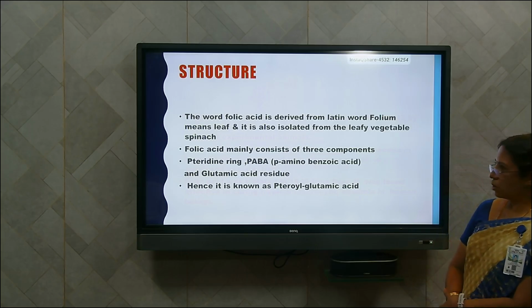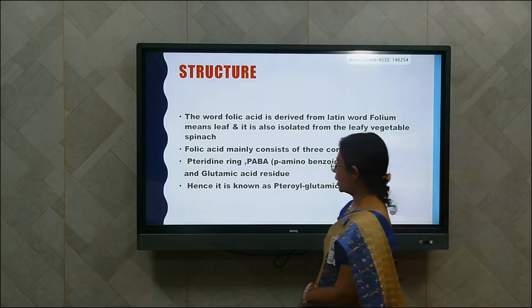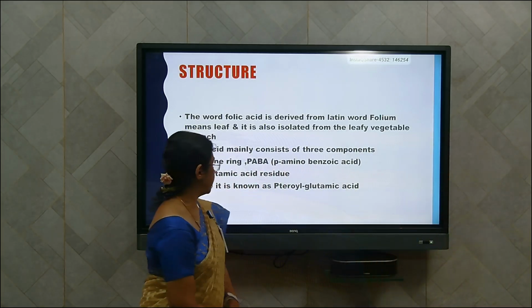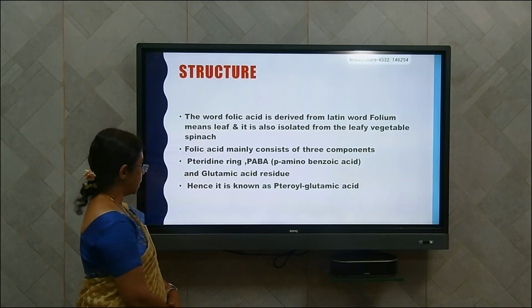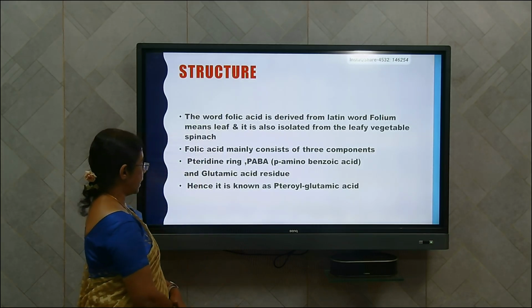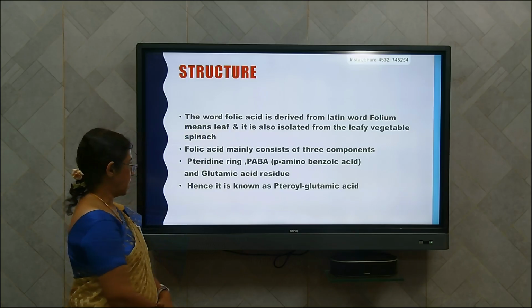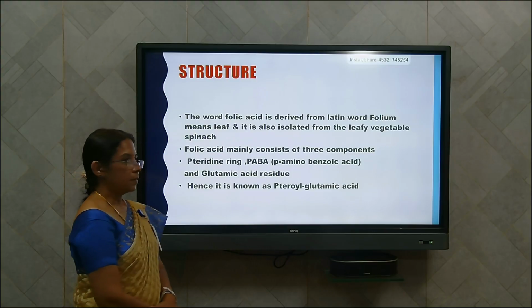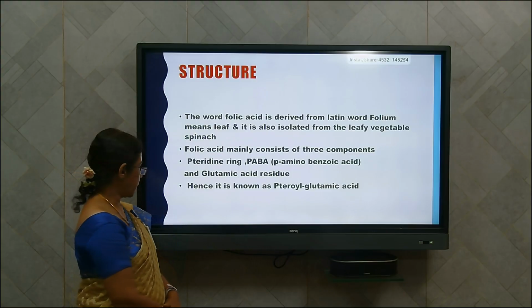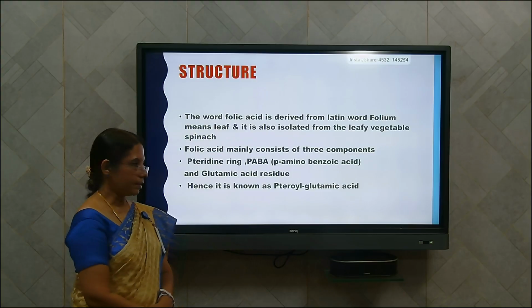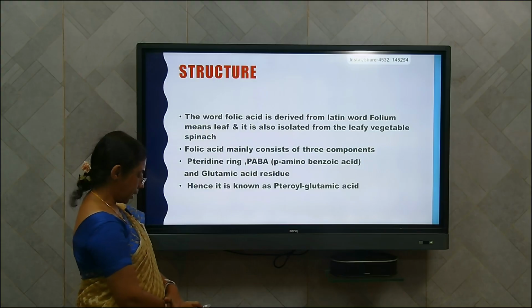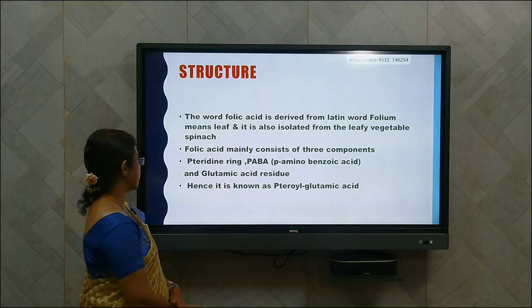Coming to the structure, folic acid is derived from a leaf, mainly the leafy vegetable spinach, and it was named as folium. It mainly consists of three components, namely the pteridine ring, PABA para-aminobenzoic acid, and glutamic acid residue. It is together known as pteroyl glutamic acid.